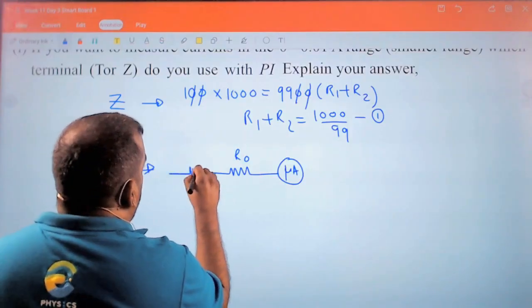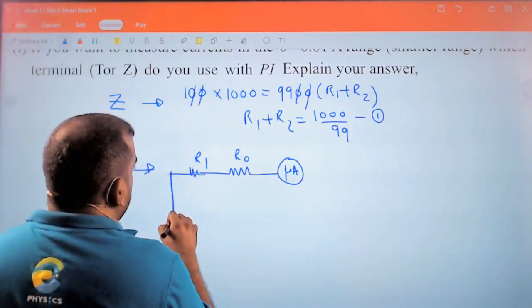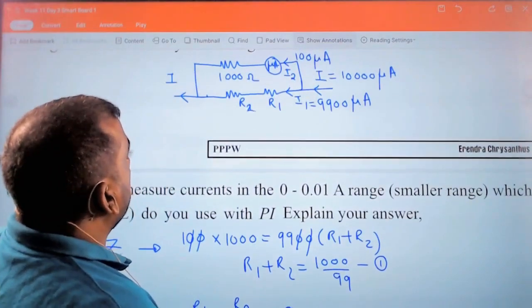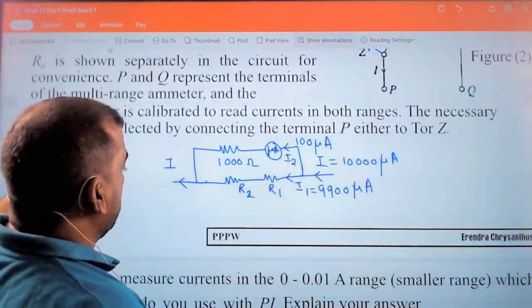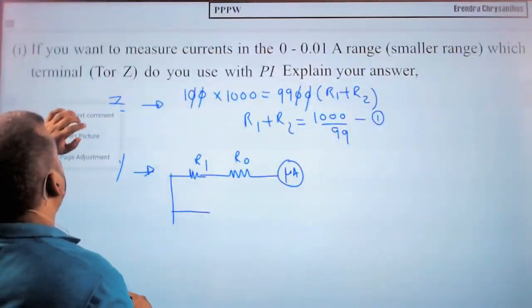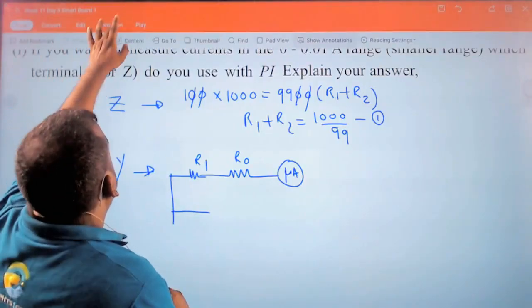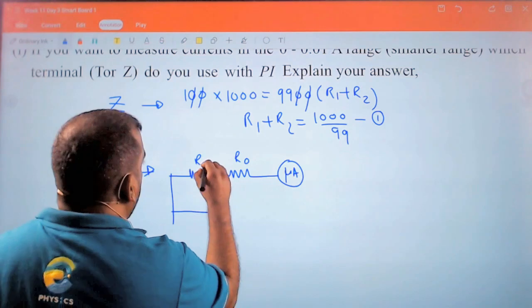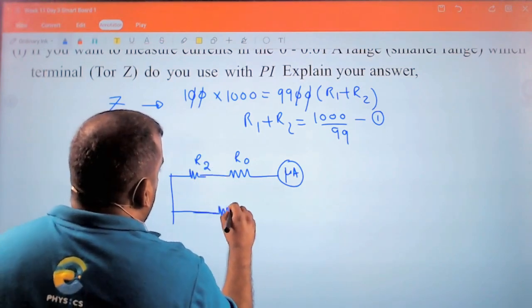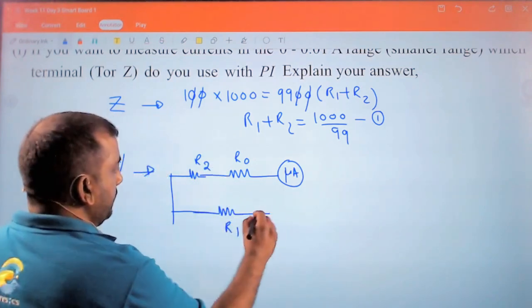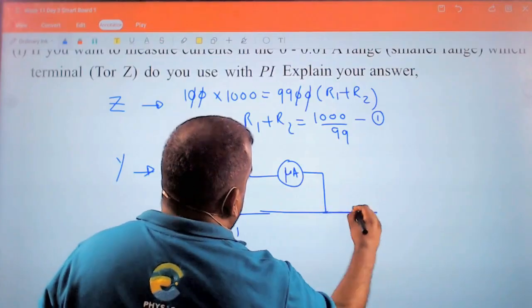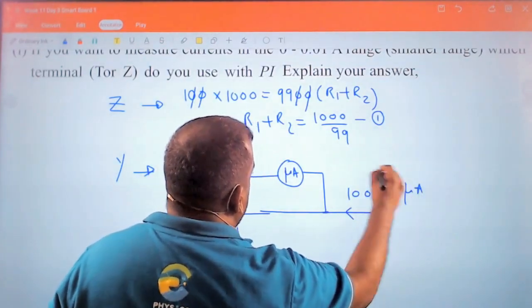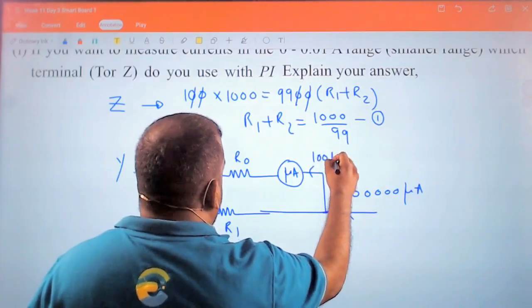Here in this corner, R1, sorry, R2. R1 is here. Current is 100,000 microamperes. 100 microamperes here.